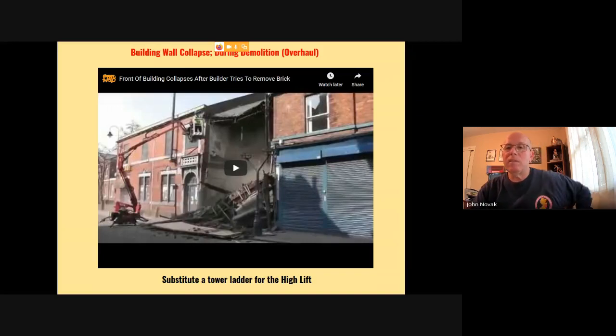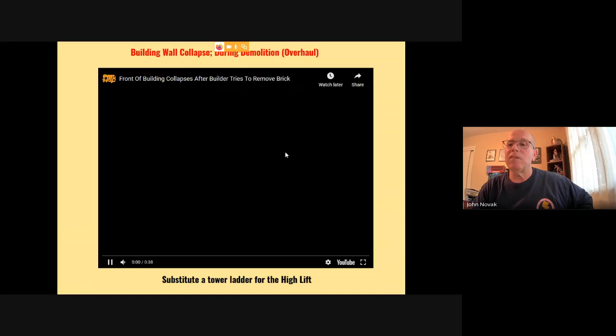This is just a good illustration. Now, again, this lift over here, think of it, replace it with your tower ladder. Here's your tower ladder. The guys are working in the bucket doing overhaul after a fire, and it doesn't take much. 1 second the building's standing, and the next second stuff's coming down.